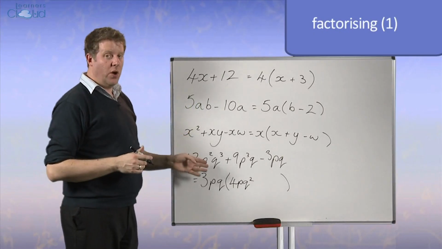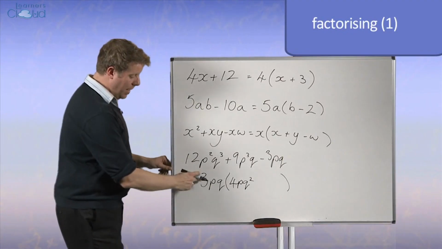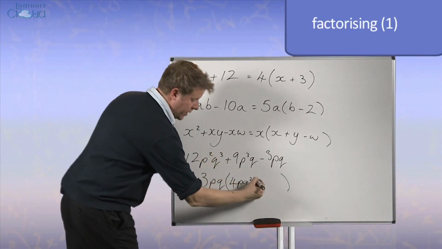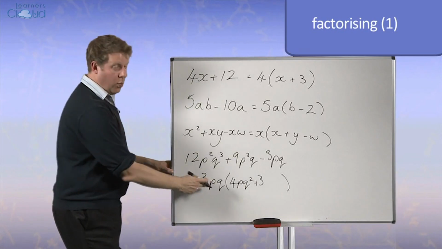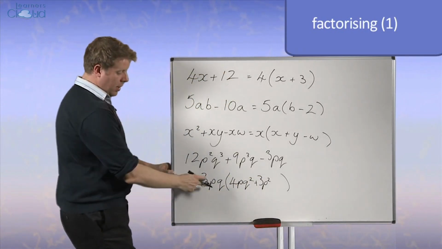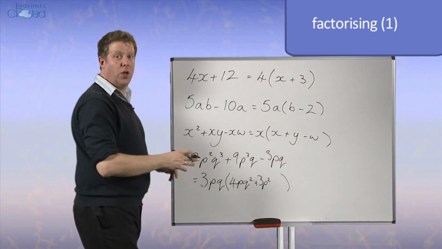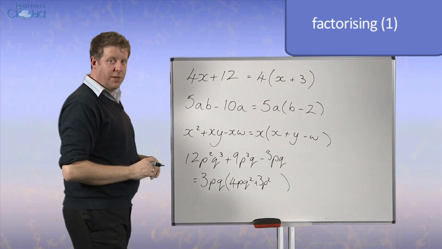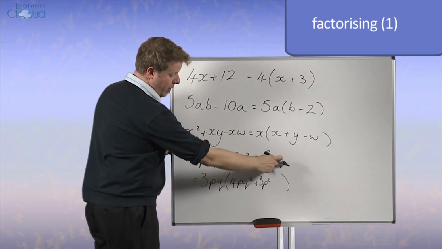The next term was 9p cubed q. So if I've taken 3pq out, how many 3's are there in 9? Well, there's 3. p cubed here, and I've removed one of the p's, so it leaves me with p squared. The q I've taken out, well, I only had a q there to start with, so there's no q in that term in the bracket. And the final bit, 3pq.